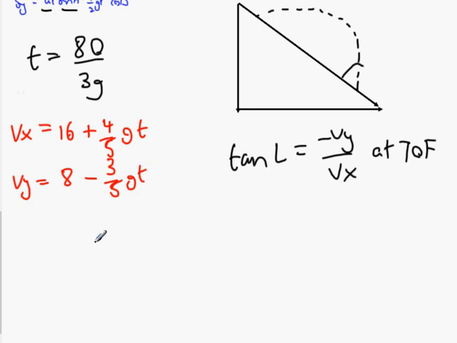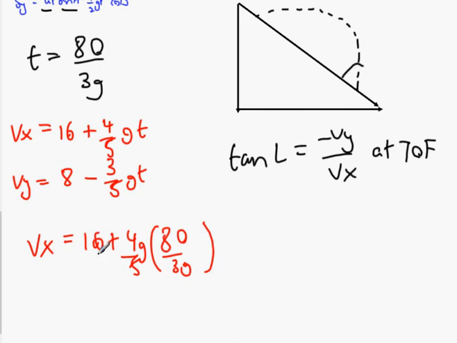So what we're going to do next is insert the t value in, and then find the landing angle, okay? So do this for me. Vx equals 16 plus 4/5 g times 80/3g. Just ignore the g's and write down 16 plus 4/5 multiplied by 80/3.